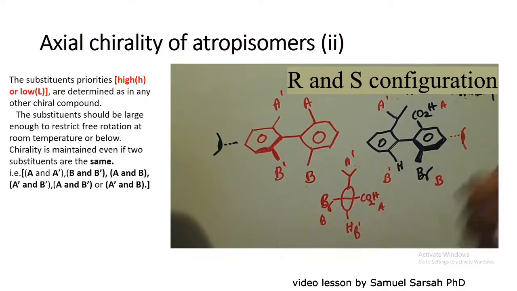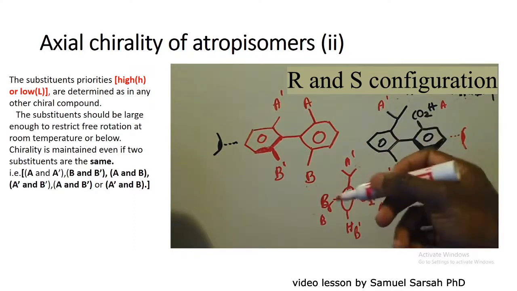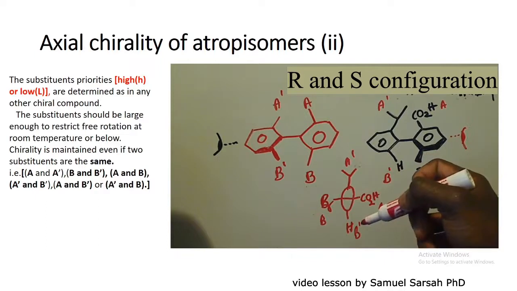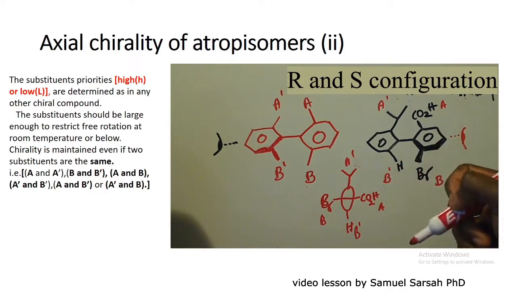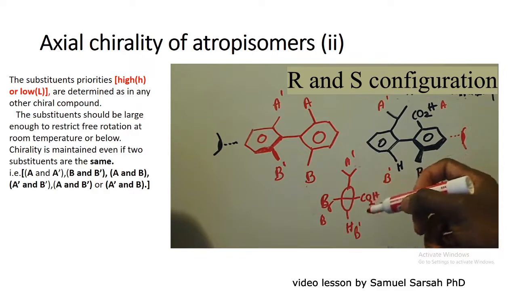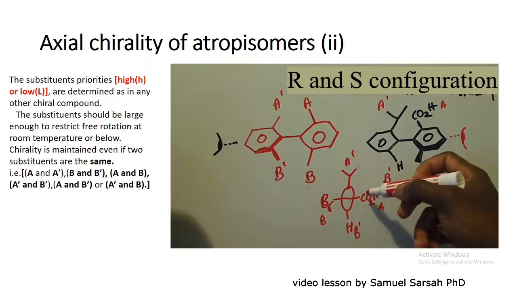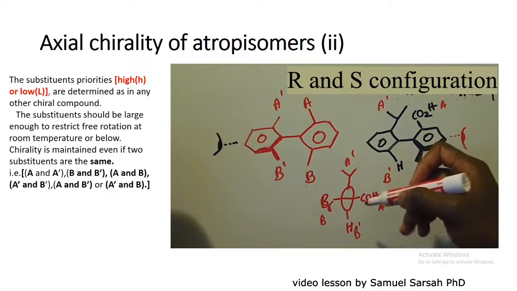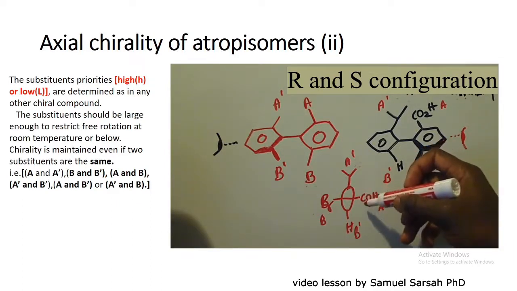Okay, now since I started from this side looking at A and B, I have to start assigning from A and B. Now A and B, which one is higher and which one is lower in priority? Of course, the bromine is higher than this carboxylic acid because of the carbon. So I have to start with this side first.